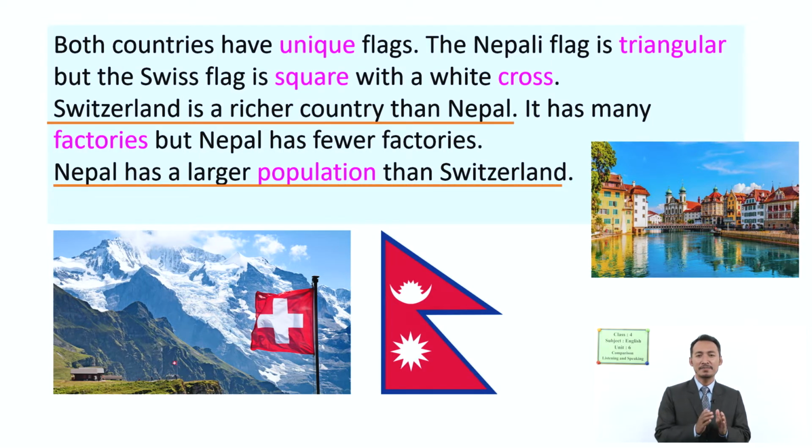So Nepal has more people than Switzerland. So that's the comparison of people. So who has got the larger number of people? Yes, Switzerland has lesser and Nepal has larger population or people. Population means, yes, number of people.